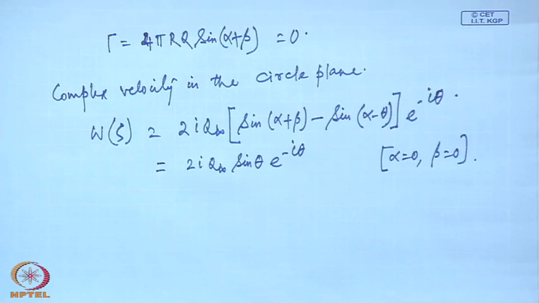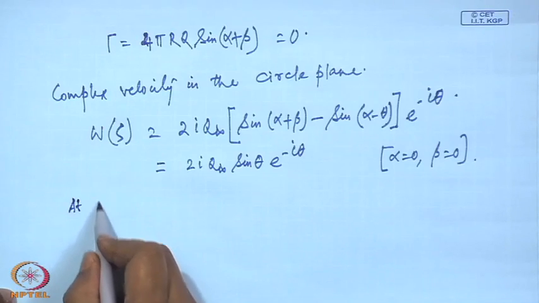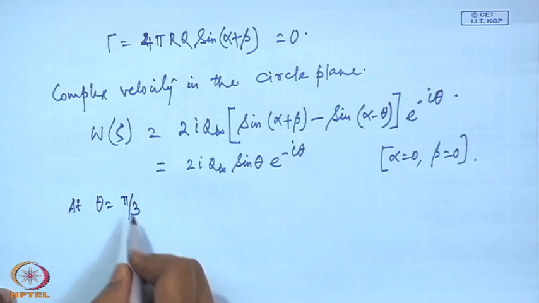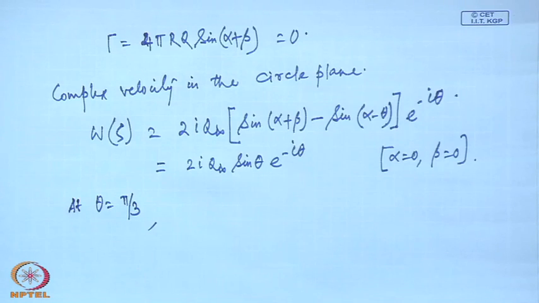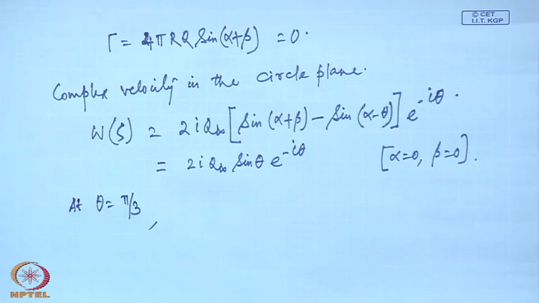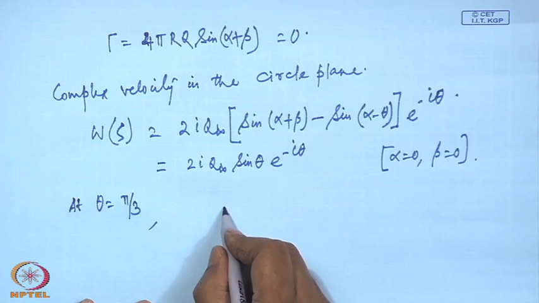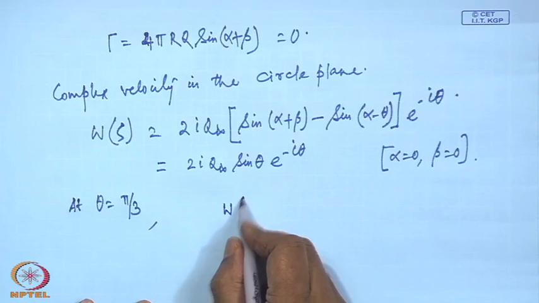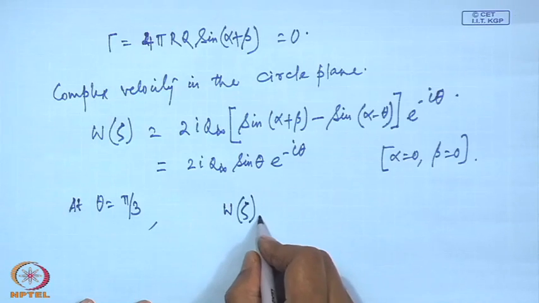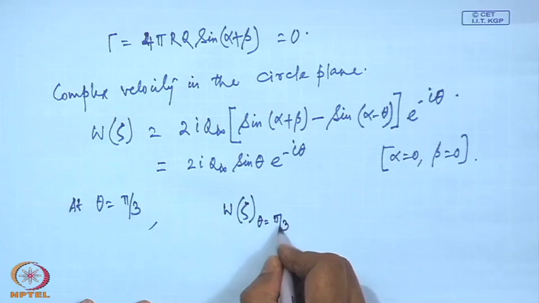We are not interested in velocity at all the points, we are interested only in the velocity at the 3/4 chord point, which corresponds to theta equal to pi by 3. So, at that point what will be the complex velocity on the circle plane? You can put this value, q infinity is 50, w zeta corresponding to theta equal to pi by 3.